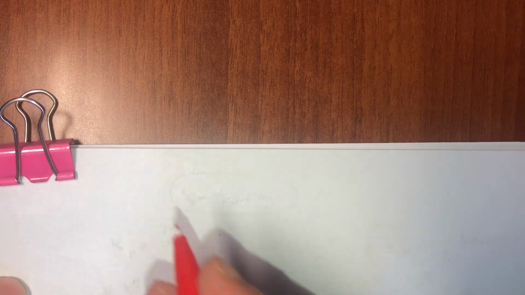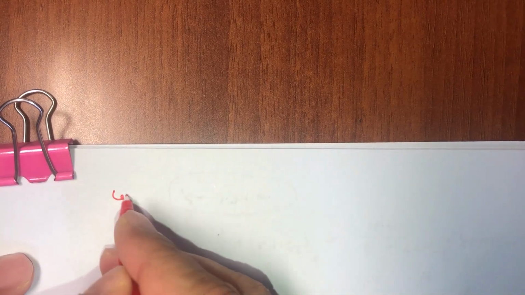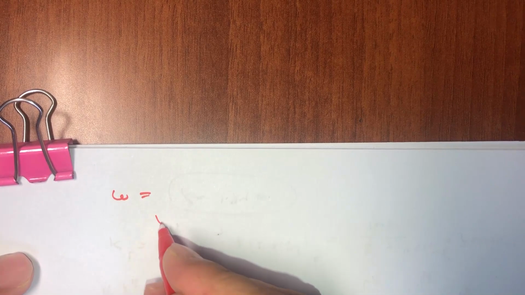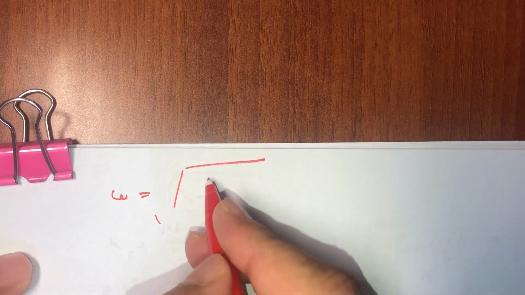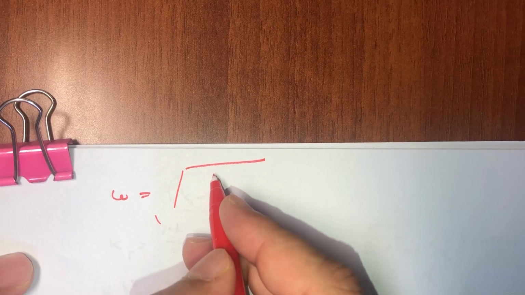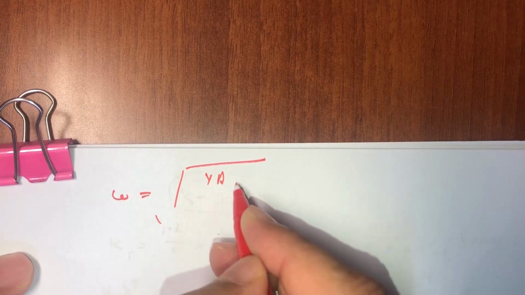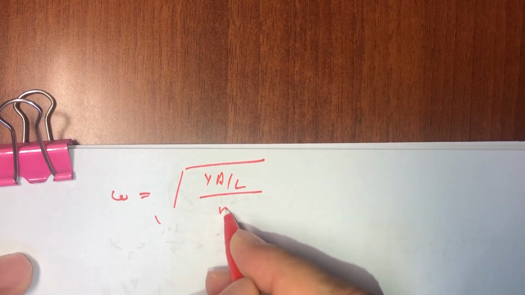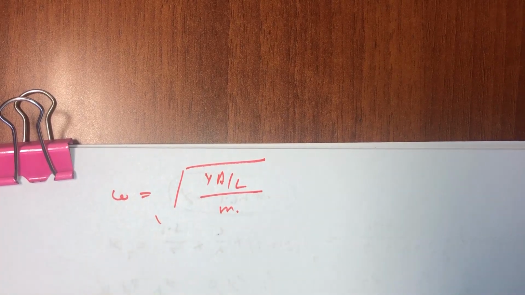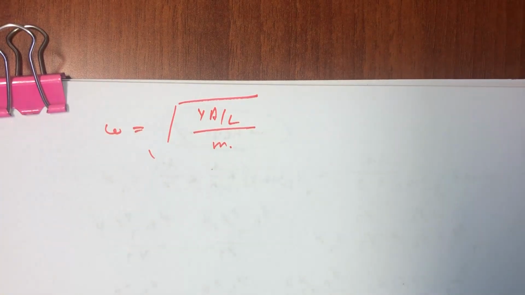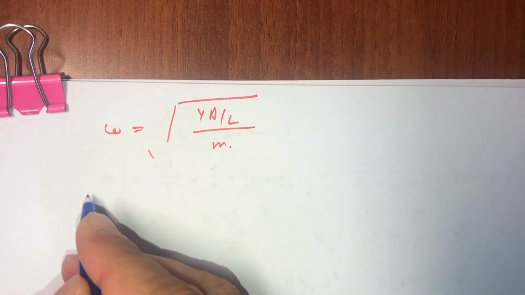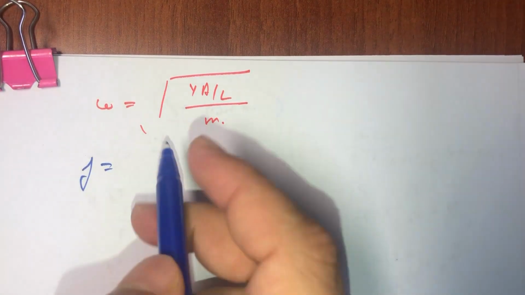Therefore we can write that omega is equal to the square root of K, which was YA upon L, divided by M, and the frequency f is equal to omega upon 2 pi.